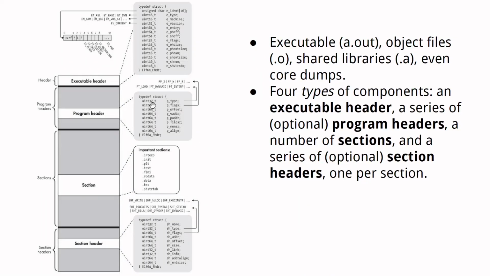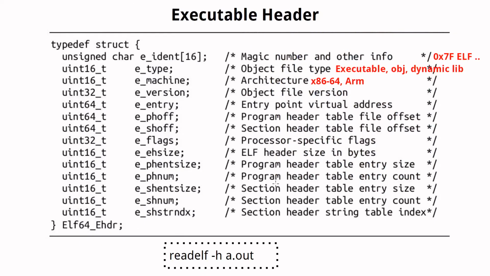The header actually has a lot of information. After the header, usually we have something called the program header, and there are sections and also section headers. The header has a magic number, 4 bytes, but the magic number and other information together are 16 bytes.